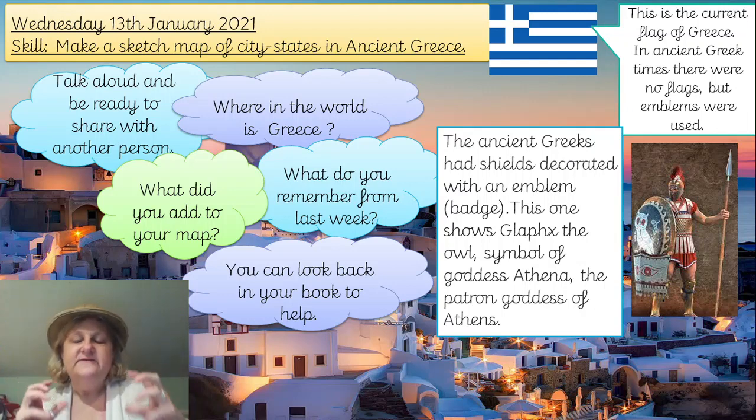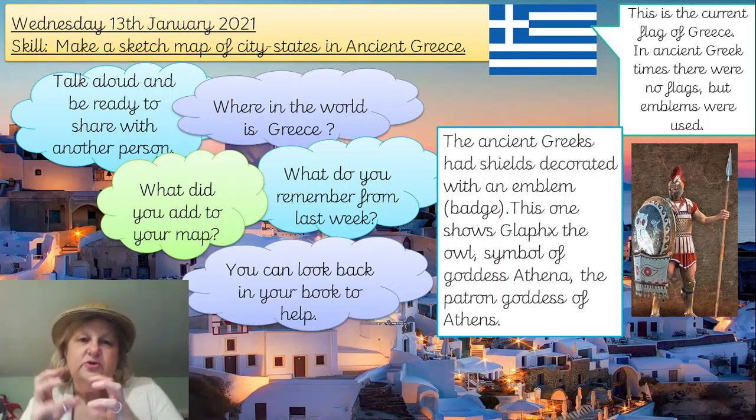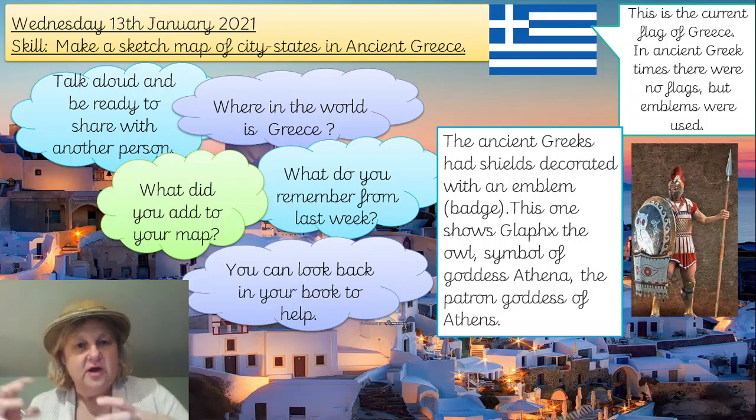Instead of having flags and a national flag, the cities in ancient Greece used to almost consider themselves to be like a little mini country, and they used to have their own government and their own lawmakers, their own rules and their own armies, and they're sort of very individual.